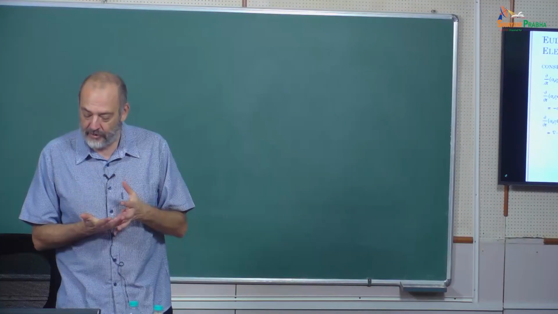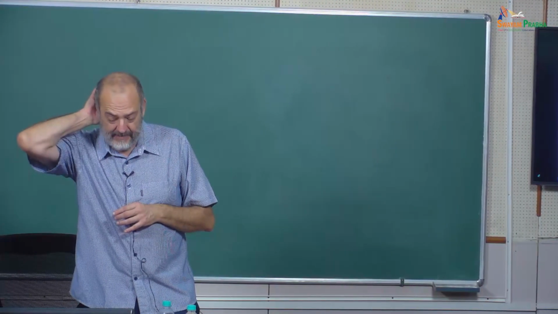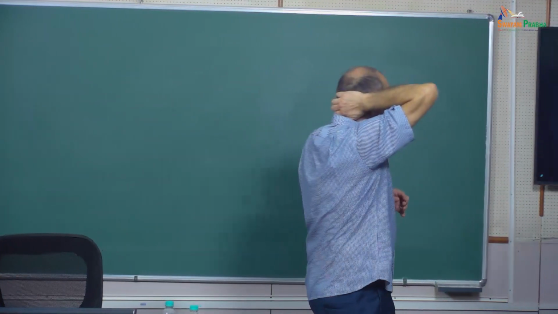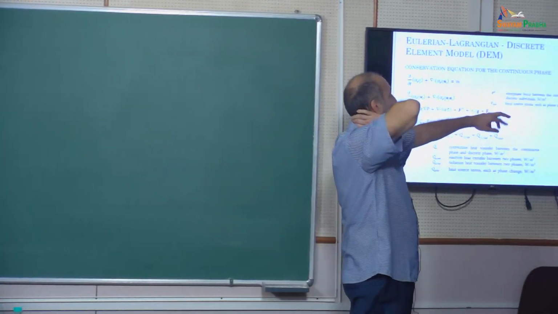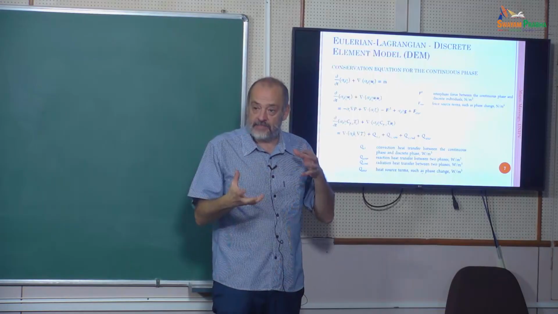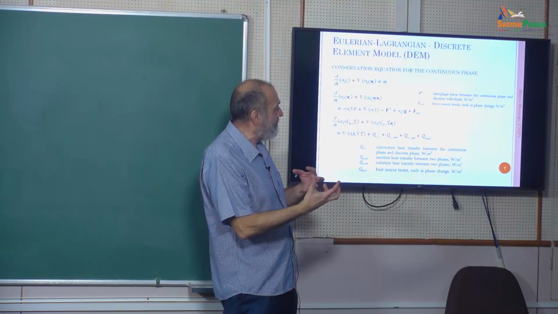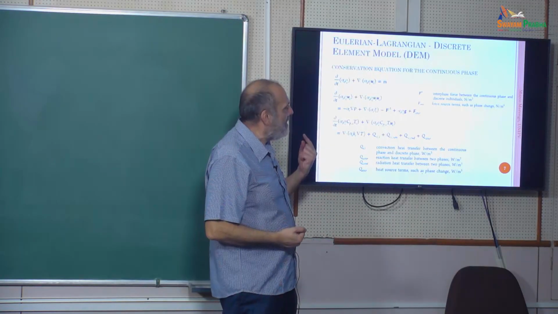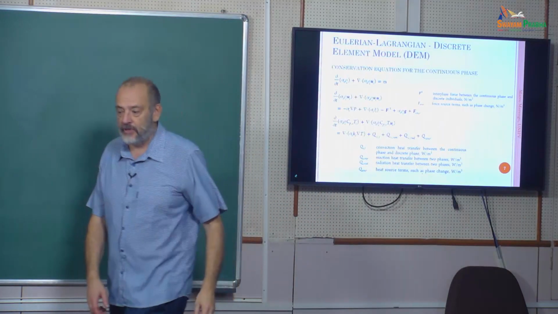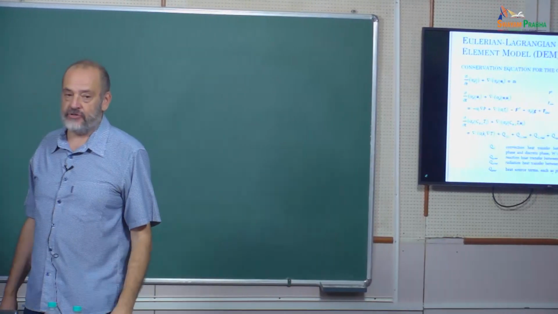Then we have another important term, which is the momentum equation, which contains also the interface force between the continuous phase and the discrete parcels, so the force between them. But then, if we have phase change, we also have a force source coming from the phase change.